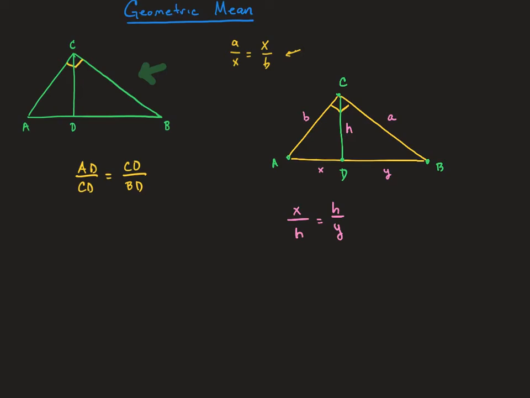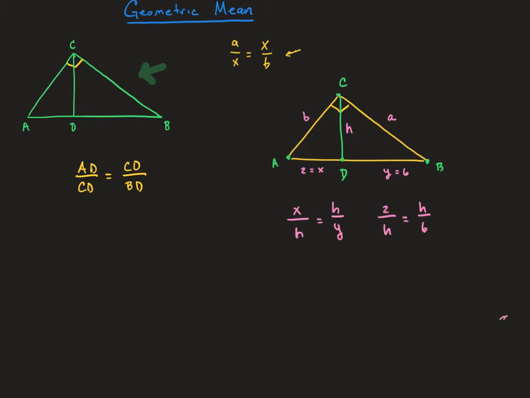So when I put some math in there, let's say that x is equal to 2 and my y is going to be equal to 6. Well, if I do some substitution, x is equal to 2 over my height, and then my height over my y, which is 6. If I cross multiply, remember cross multiply, h times h, 2 times 6.